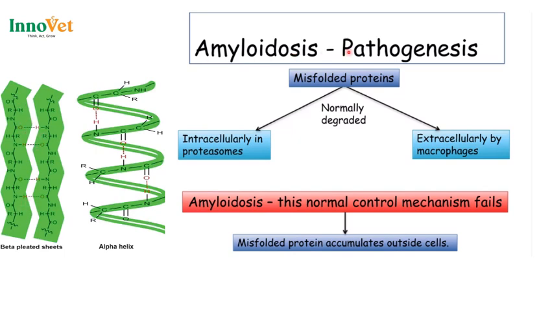In simple terms, the pathogenesis is that misfolded proteins normally undergo degradation. Intracellularly, it is by the proteasomes, and extracellularly, by macrophages. But amyloidosis will arise when the normal control mechanism fails, and what will in turn come up is the accumulation of these misfolded proteins, the amyloid, outside the cell, leading to amyloidosis.